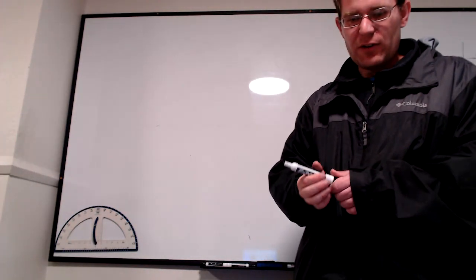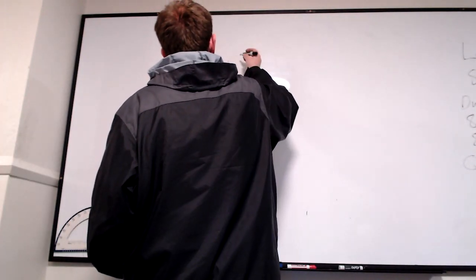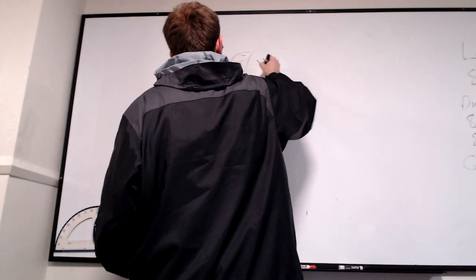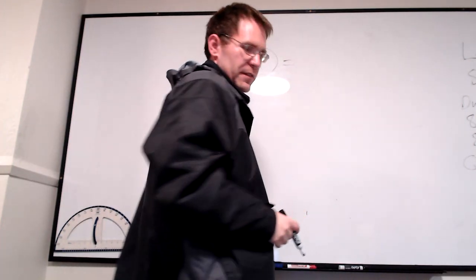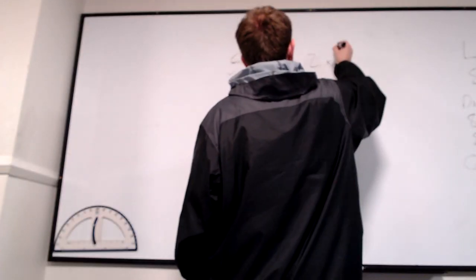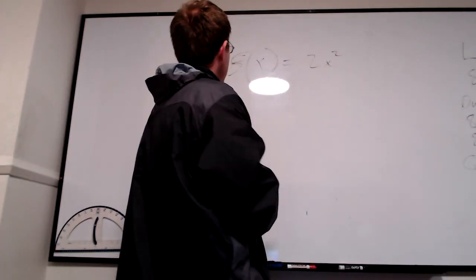Okay, if we have a function, f of x equals 2x squared. Wait, what is that? An F? Yeah.